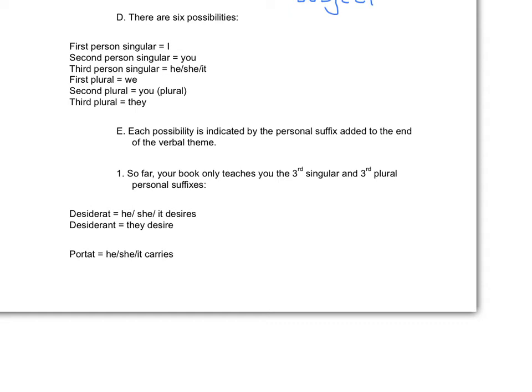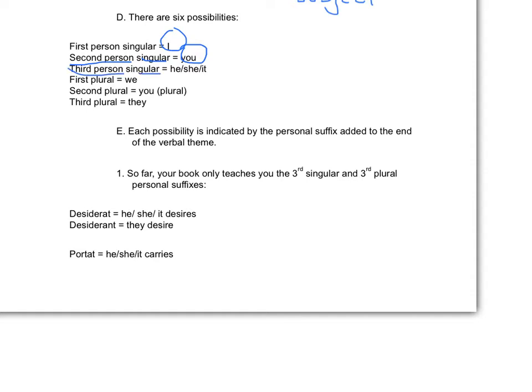First possibility is first person singular. In English, that's translated by the personal pronoun I. Second possibility for person and number is second person, singular, translated in English by the personal pronoun you.